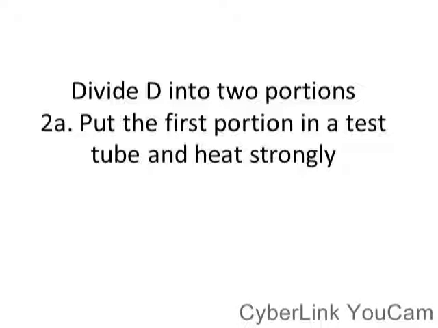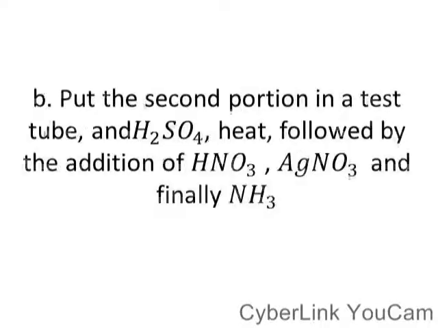Now, let us take the second part. Take D, divide it into three portions. Put the first portion in a test tube and heat it strongly. Do you get that now? Now, put the second portion in a test tube, add H2SO4.